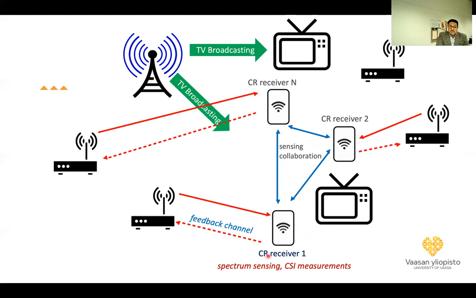CR here means cognitive radio receivers or secondary receivers. They can sense the spectrum in this area, and they can exchange information about the interference level in that area. Then we can also send this information, the spectrum sensing, as well as the channel state information, to the transmitter of the secondary users.